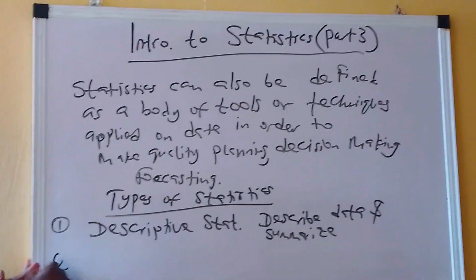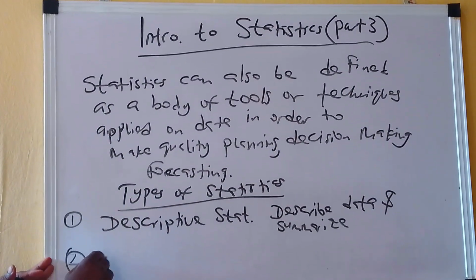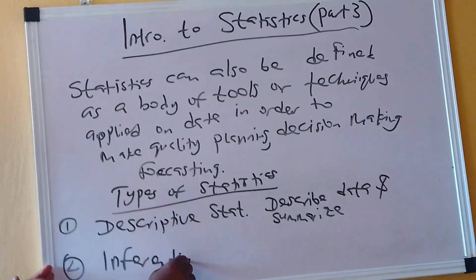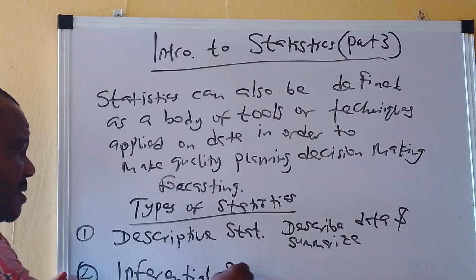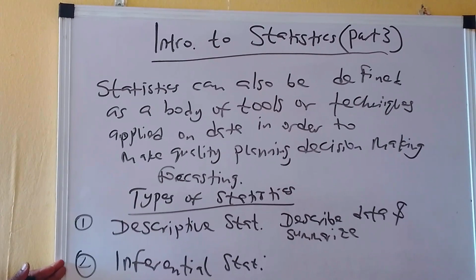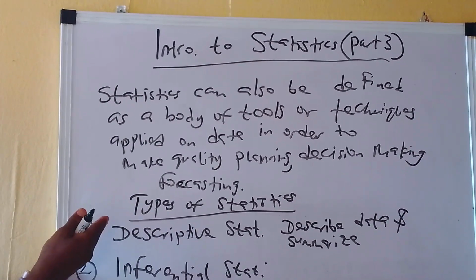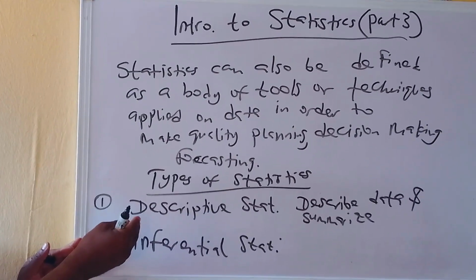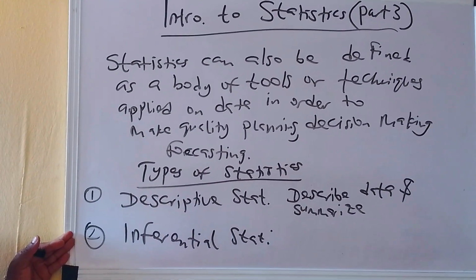Then number 2 type of statistics is inferential statistics. Inferential statistics makes use of values that describe a set of data to test hypothesis.